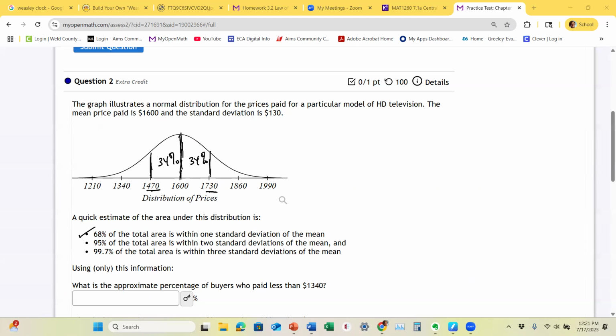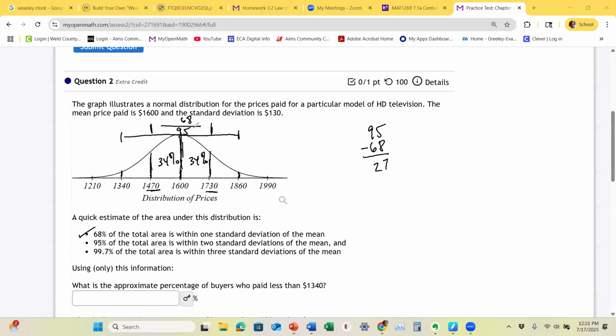For 2 standard deviations, the total goes from 68% to 95%. So how much does that change here? Another 27%? Going from the area in here, which is 68%, to the area in here, which is 95%.